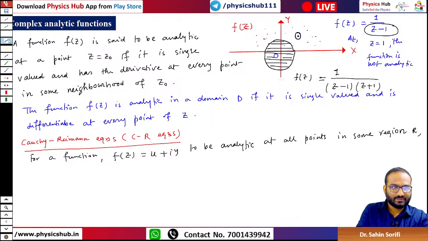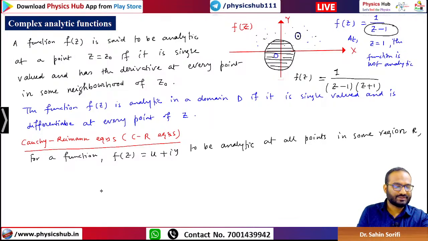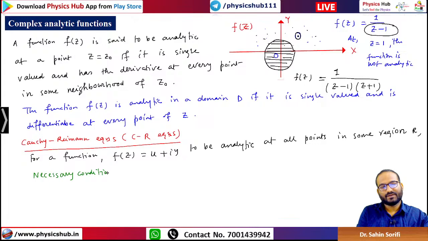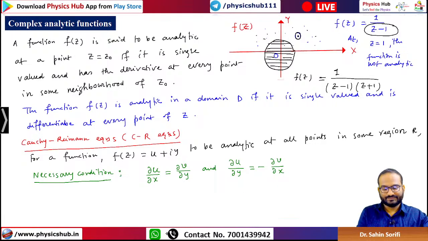there are two conditions. One is a necessary condition, another one is a sufficient condition. So, what is the necessary condition? This necessary condition you need to remember. The necessary condition is that del u by del x should be equal to del v by del y, and del u by del y equals minus del v by del x.